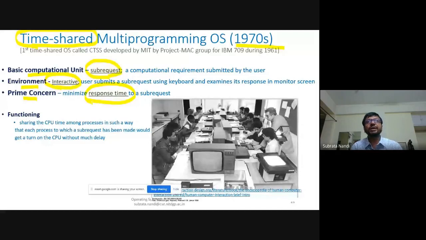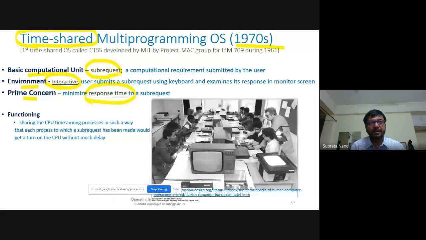We are no longer interested in the turnaround time. Here the measure of turnaround time becomes completely vague, because in those days it used to happen that a scientist or a mathematician goes to the computer room, grabs a terminal and starts working from 8 a.m. and continues up to say 3 p.m. During these four to five hours he executes multiple programs, and each program has multiple sub requests.